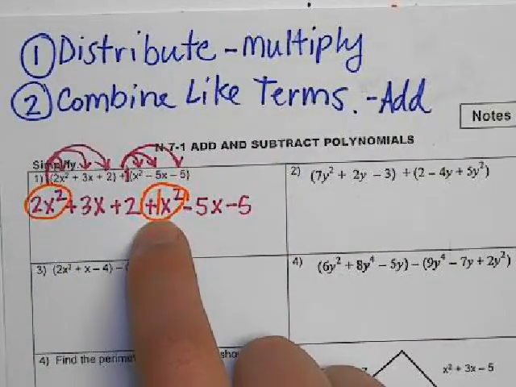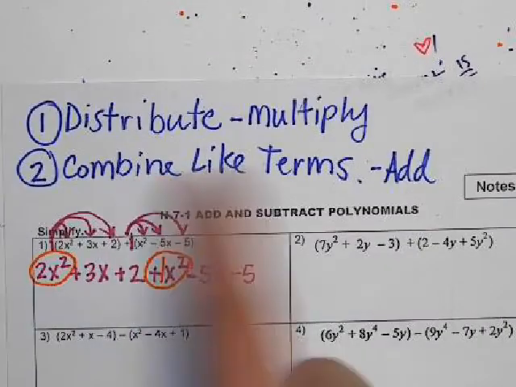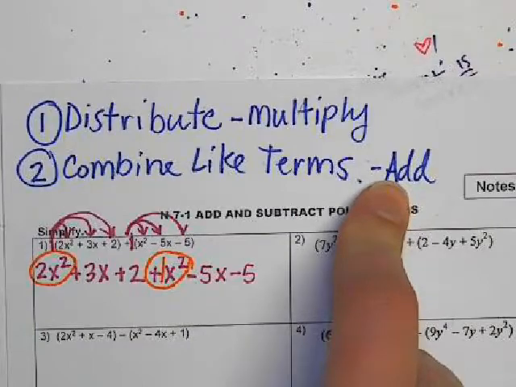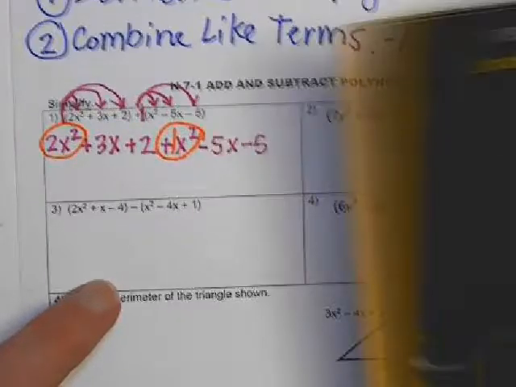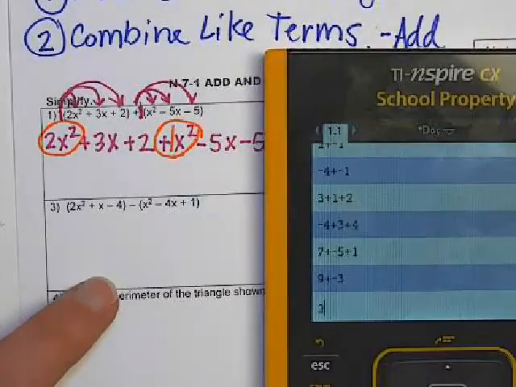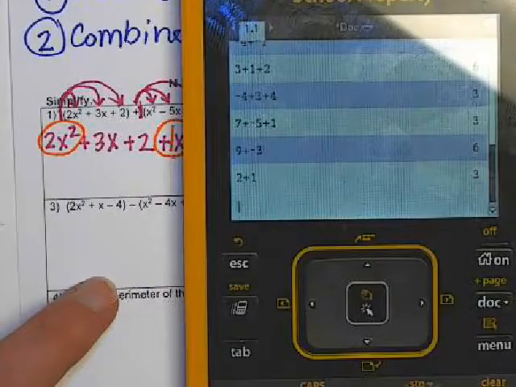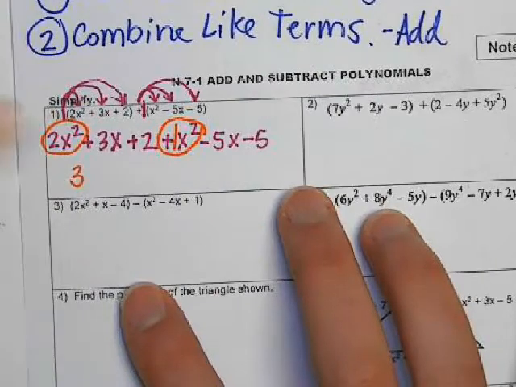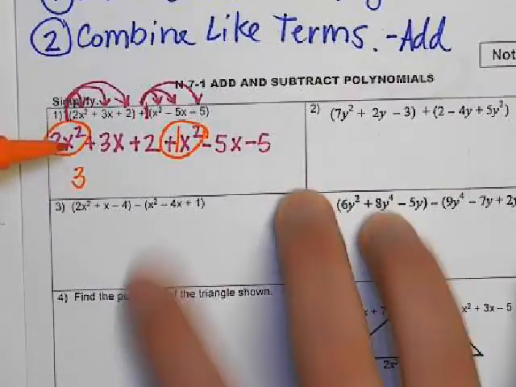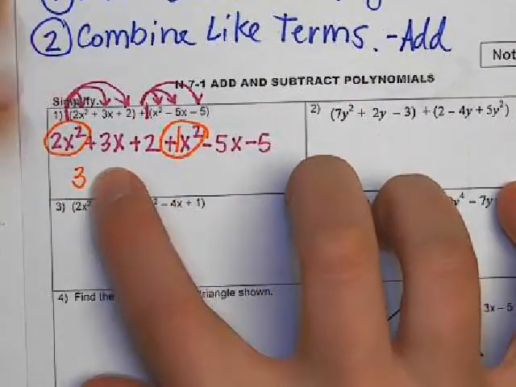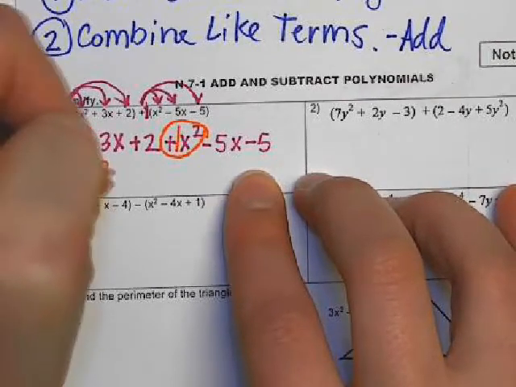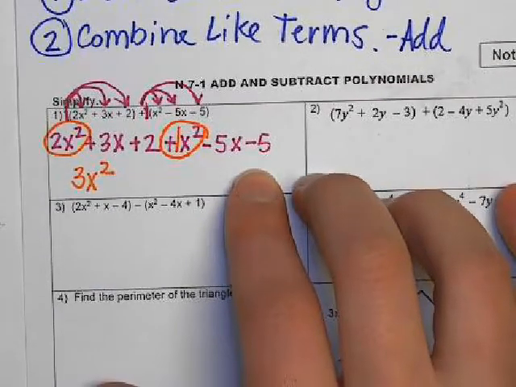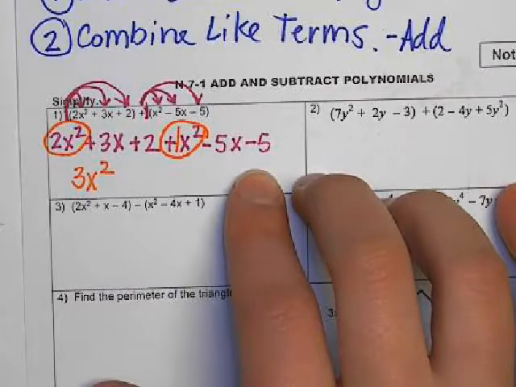An imaginary 1. Combining like terms, what operation? Adding. So I'm adding 2 plus 1, which gives me 3. What's got to be behind it? X squared. These both have x squared, so the 3 has to have x squared.